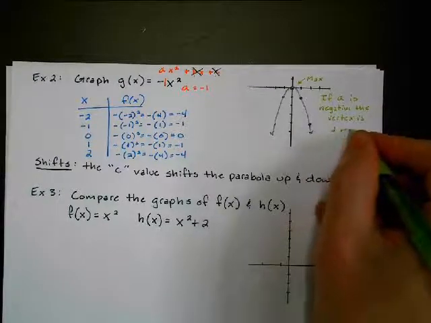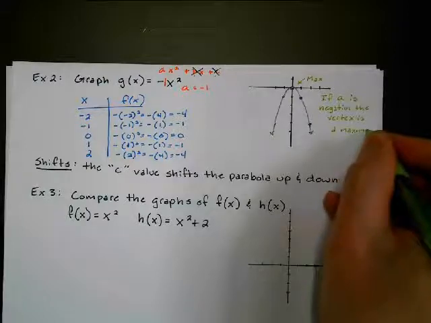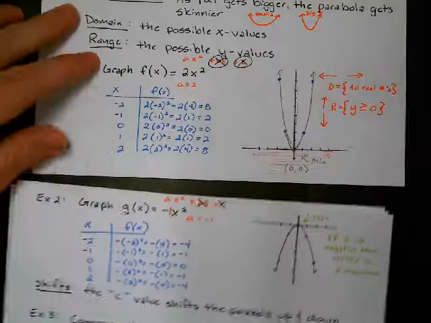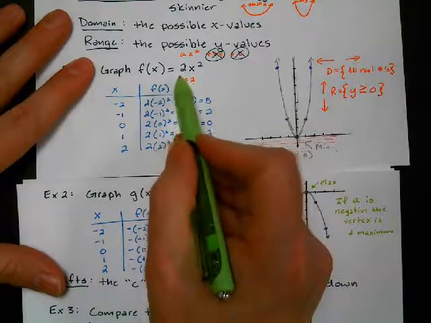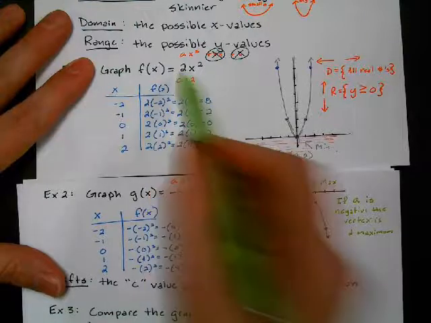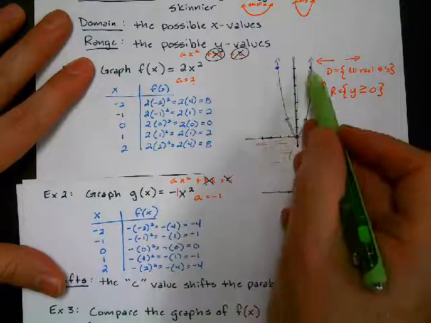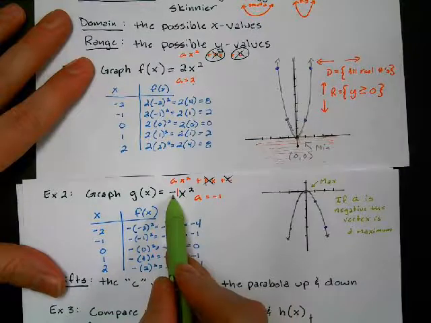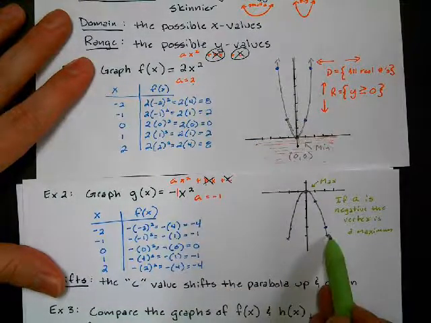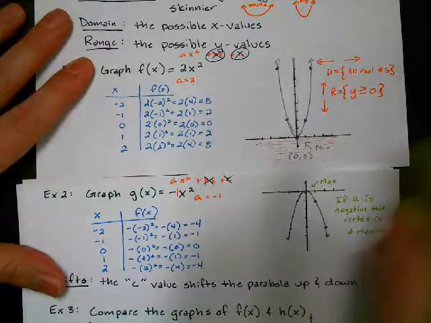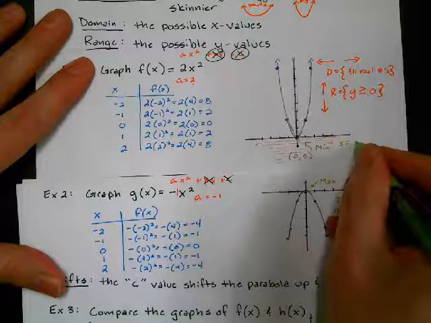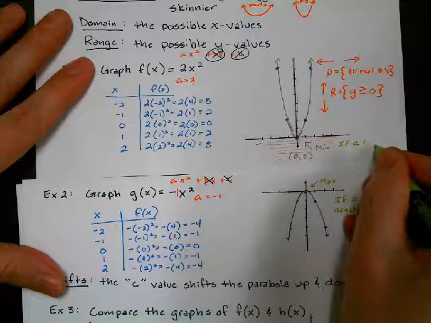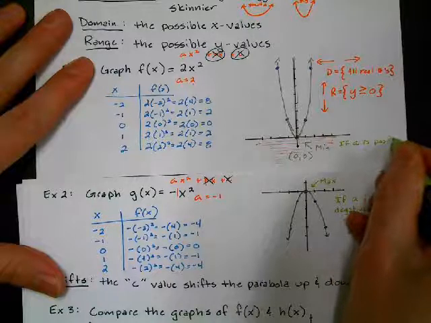Again, look at the previous problem. On our previous problem, the a value was positive. Positive a values face up. Negative a values face down. So here we had a minimum, and we had a minimum if a is positive. The vertex is a minimum.